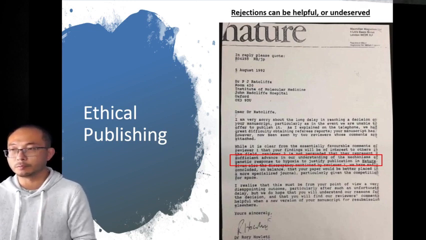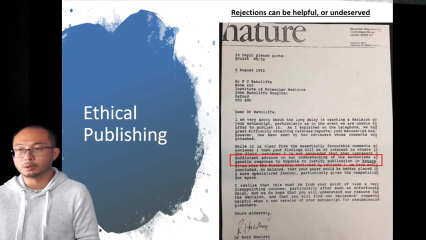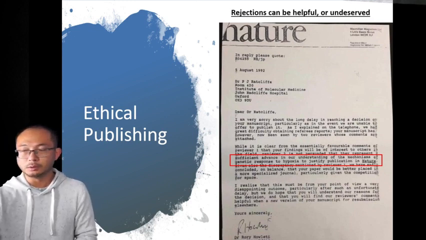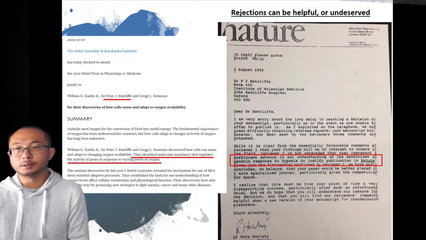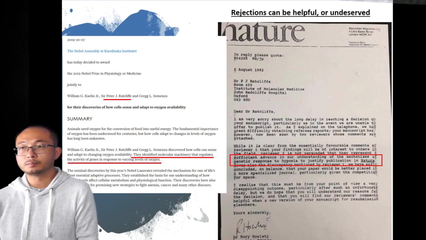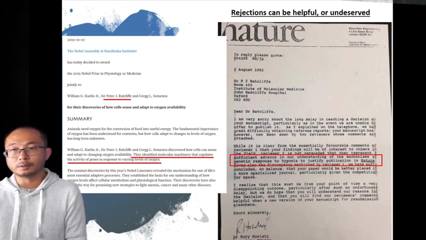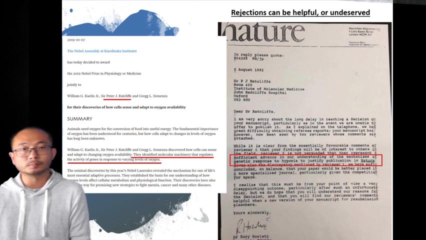It wasn't a big enough field. So Nature thought that the work wasn't of sufficient quality or interest to Nature. That was in 1992. But he stuck with it, and by 2019, he was Sir Peter Ratcliffe, and he won a Nobel Prize for this exact same piece of research that was rejected by Nature.